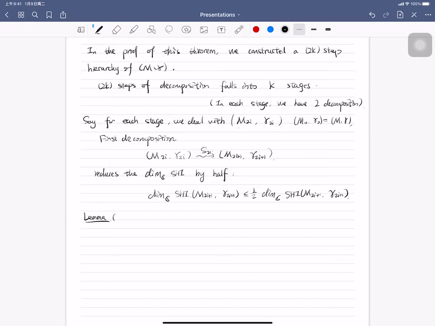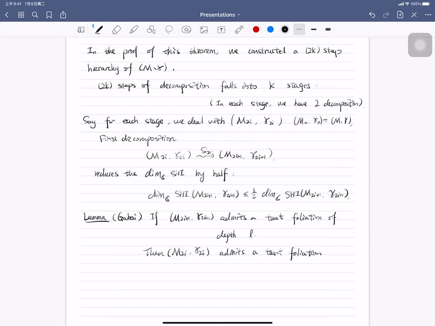And actually we can apply a lemma by Gabai that says: if M_{2i+1}, gamma_{2i+1} admit a taut foliation of depth L, then if we glue with this special surface, we could only increase the depth by 1.